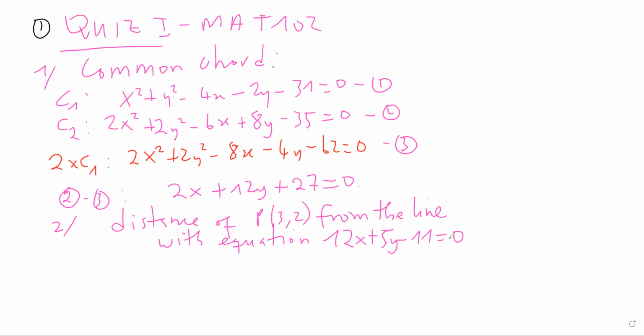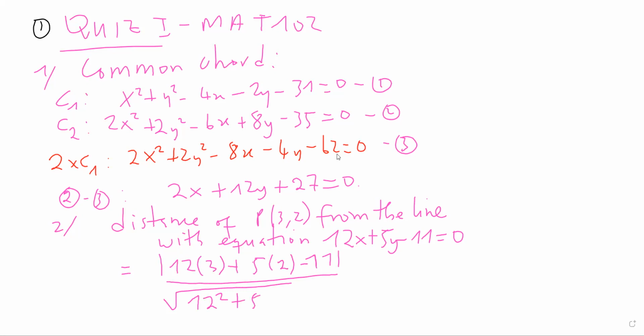Okay, and then we know this to be given by the absolute value of 12 times 3 plus 5 times 2 minus 11, all over the square root of 12 squared plus 5 squared.